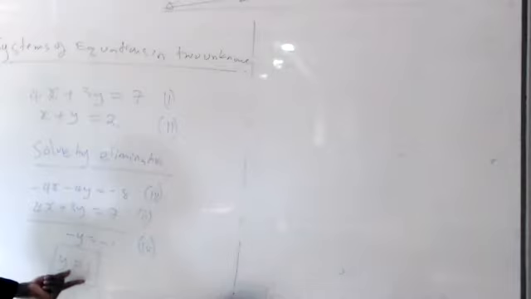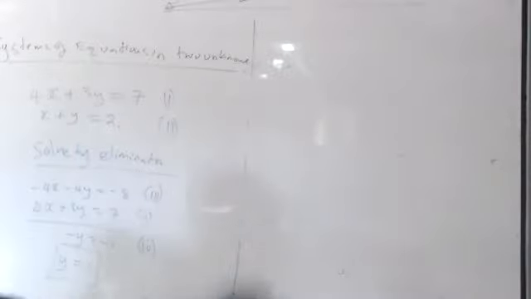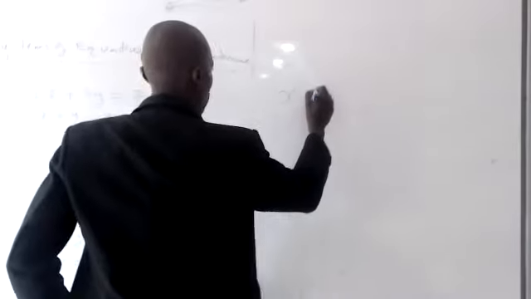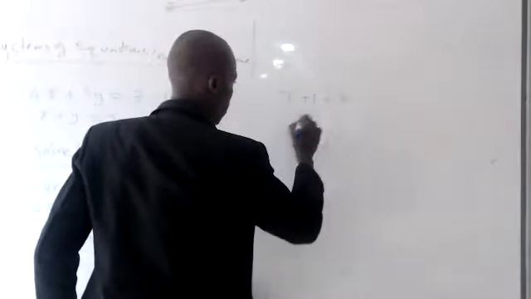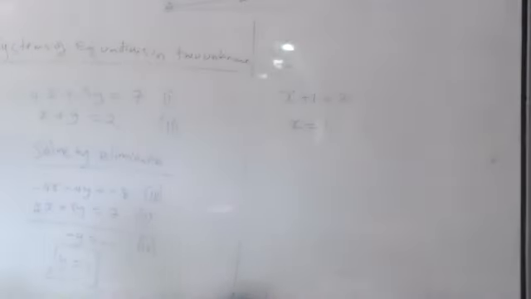Use this y is equal to 1 in any of these two equations to find x. So if I choose the second equation, where x plus y is 2, I will do x plus 1, which should give me 2. Therefore, x is 1. So I have x is 1, y is 1.